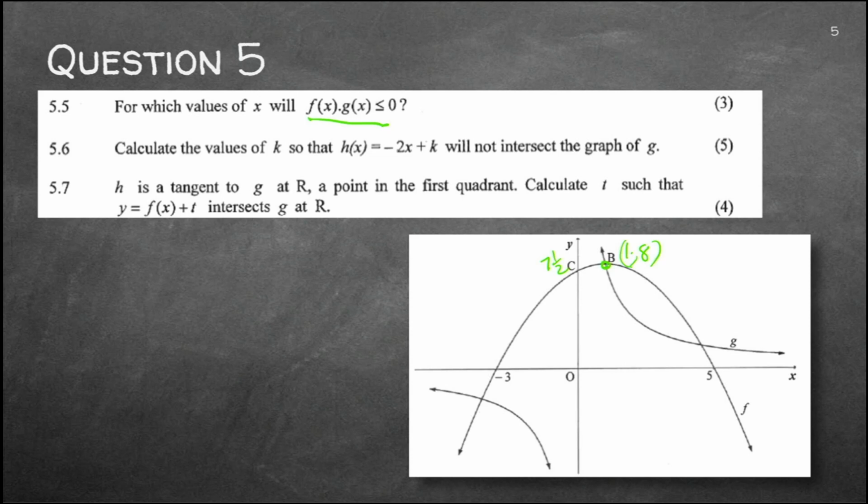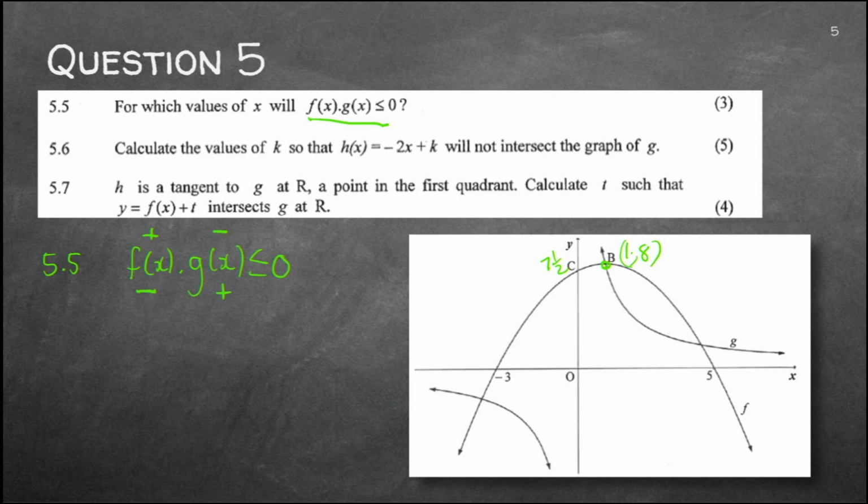So when I approach these types of questions, I would prefer to use a bit of color. So I will say f(x) times g(x) is smaller or equal to 0, meaning it has to give me a negative value with the product. So if f is positive, g must be negative, and if f is negative, g must be positive.